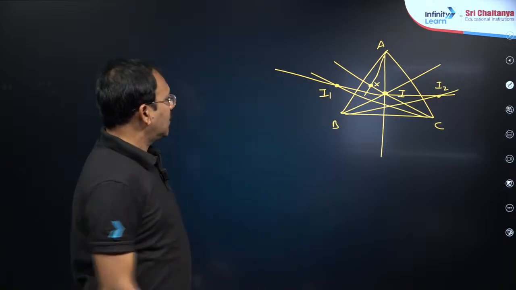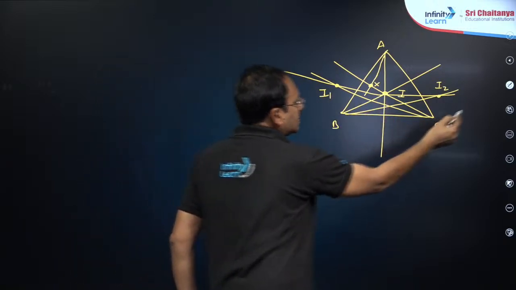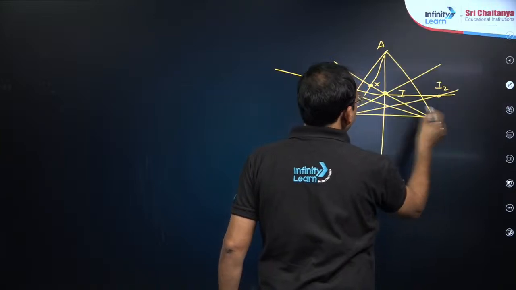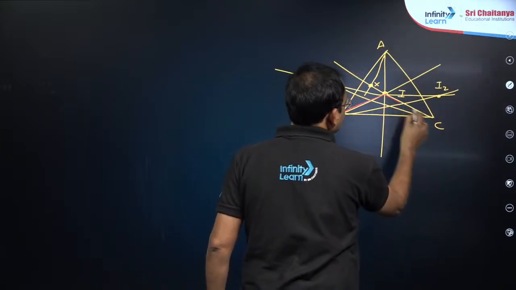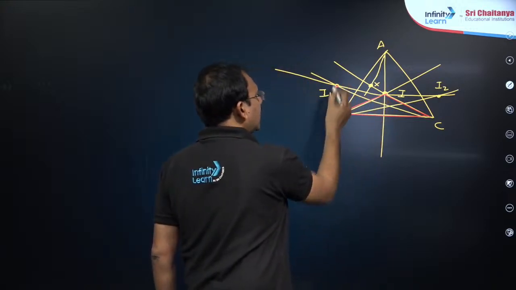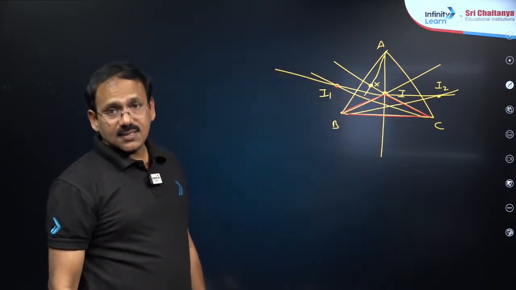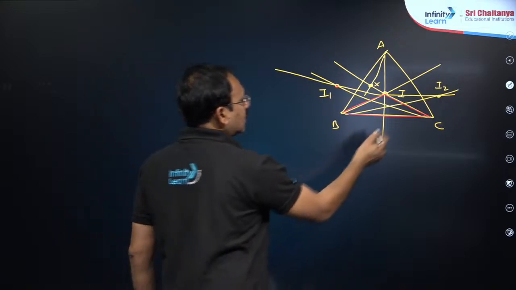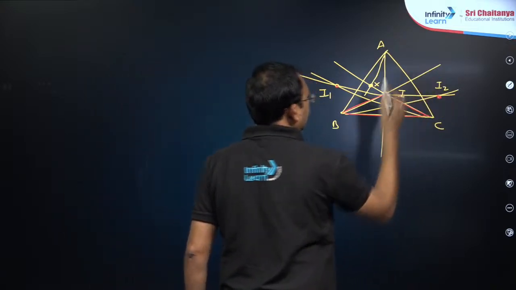Clearly, my dear friends, for the triangle BIC, you see, for this triangle BIC, this is nothing but excenter opposite to C. This is nothing but excenter opposite to B.